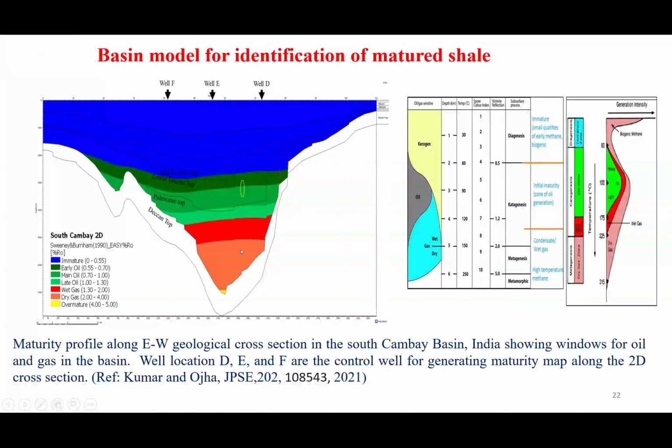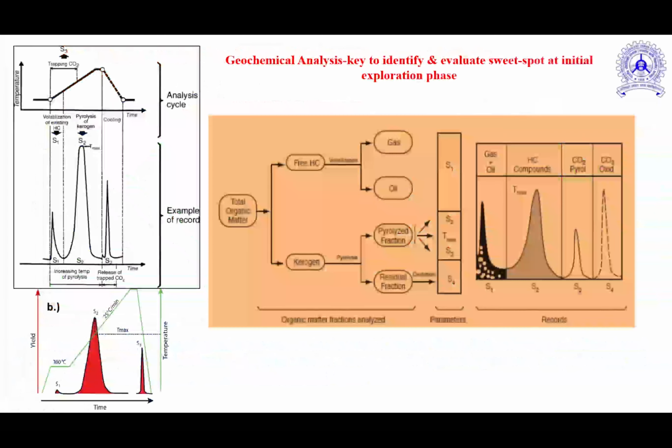These are identified from different kinetic parameters, showing how they undergo maturity. From the temperature, pressure conditions, and the geothermal conditions, we do modeling. So this is the basinal identification, the regional studies we do for identification.